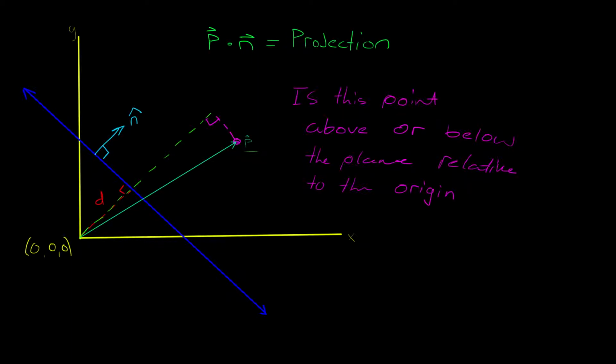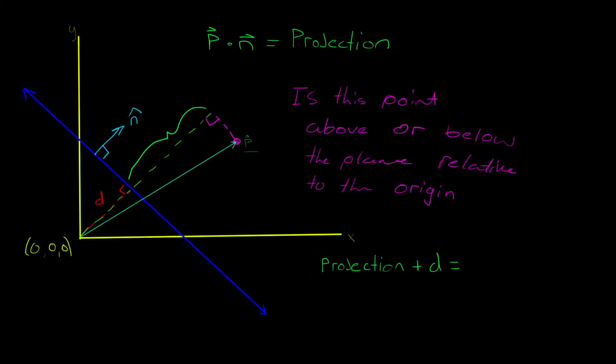What we can say about this is, if we have d here, which remember is some negative value, and we say projection plus d, because d is some negative value. If we are left with a positive value, that means that we have some value that is above the blue line.